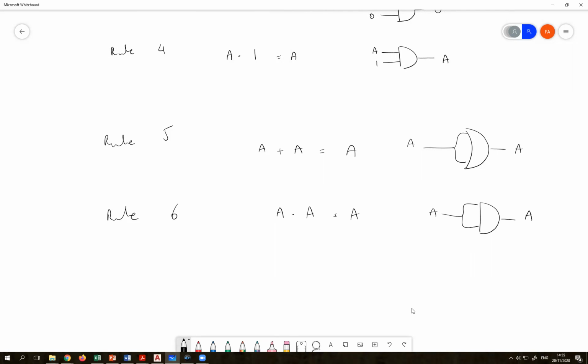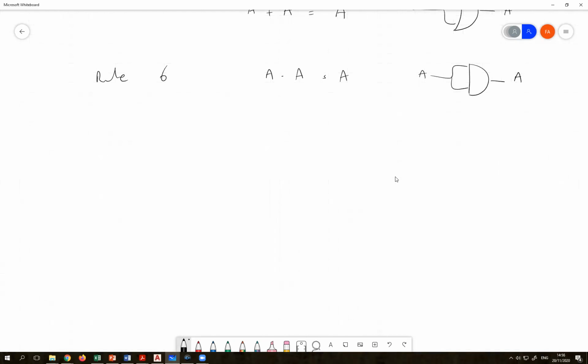So we are getting to more important rules. Rule number 7: A or not A. It's important. So I've got an OR gate, and in one input, I've got a NOT.